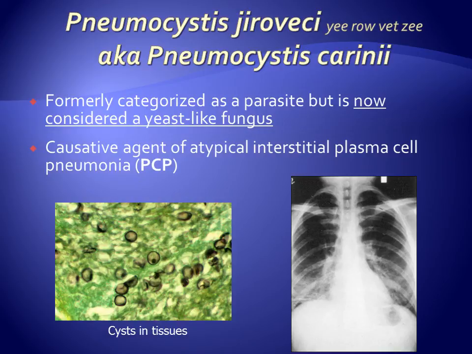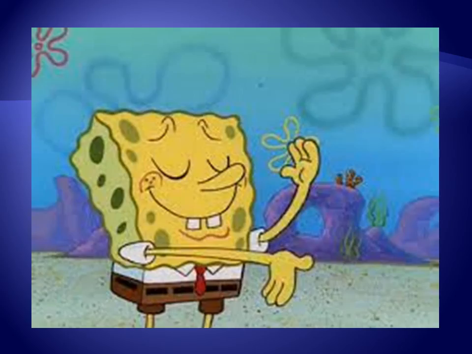This organism is the causative agent of atypical interstitial plasma cell pneumonia, abbreviated PCP. This is one of several infections that is almost diagnostic for HIV/AIDS. Essentially, everyone that has progressed into HIV/AIDS will be positive for PCP.